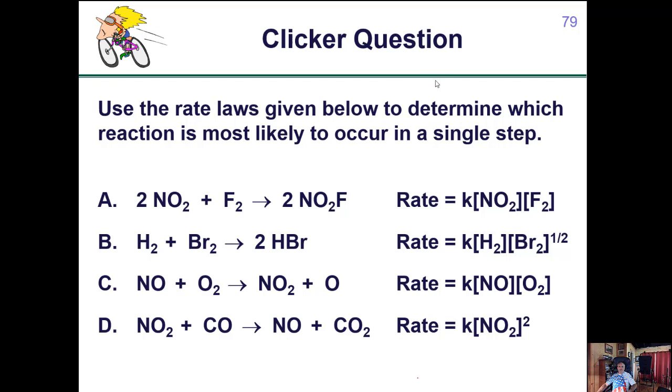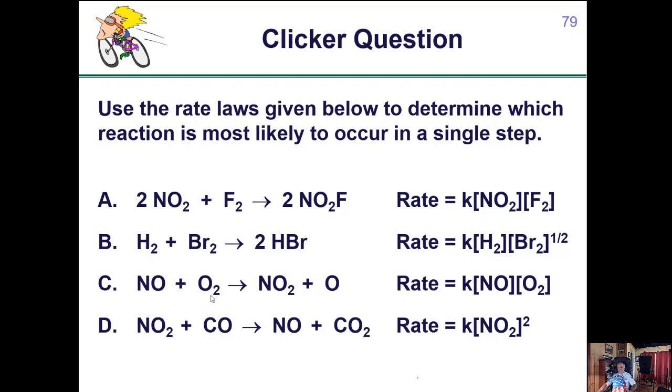So let's see how to think about this clicker question. Use the rate laws given below to determine which reaction is most likely to occur in a single step. All right, so one of these reactions is a single step reaction. That means one of them is actually an elementary step.